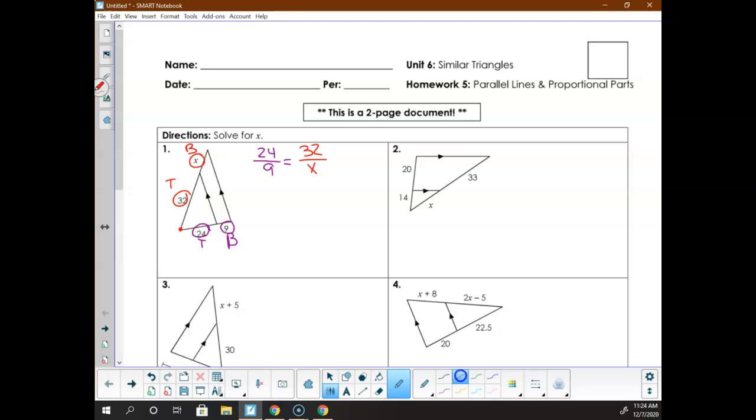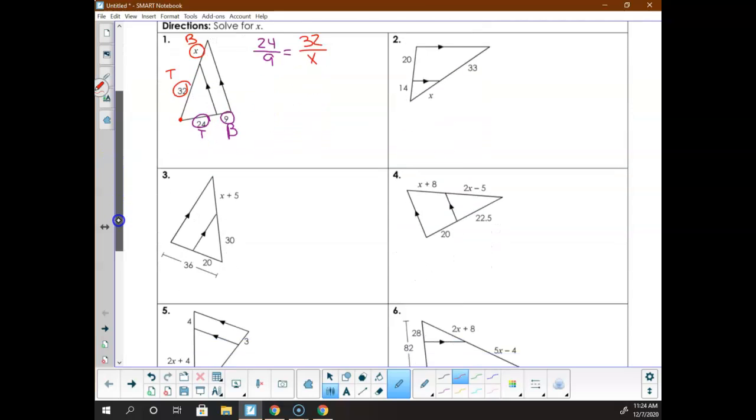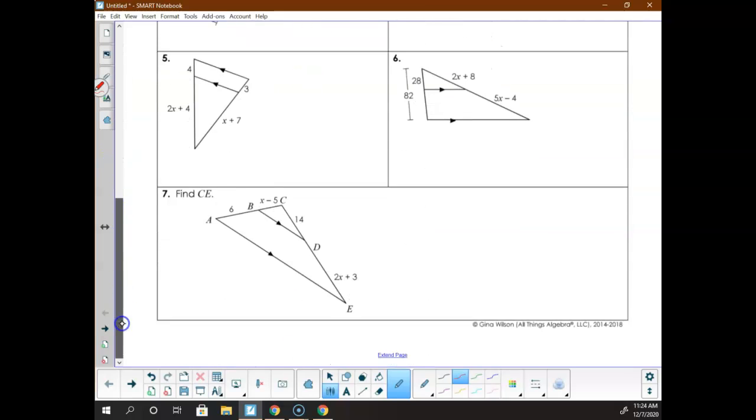No one has any thoughts. Factoring ones first? Okay. So that's how we're going to set these up as we go through.